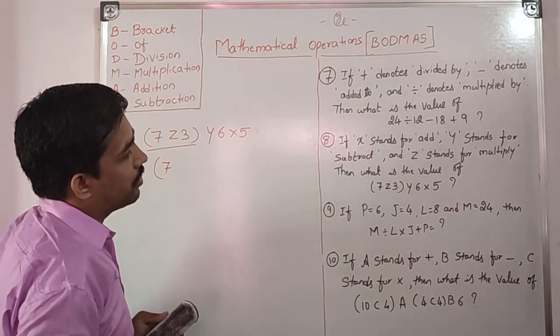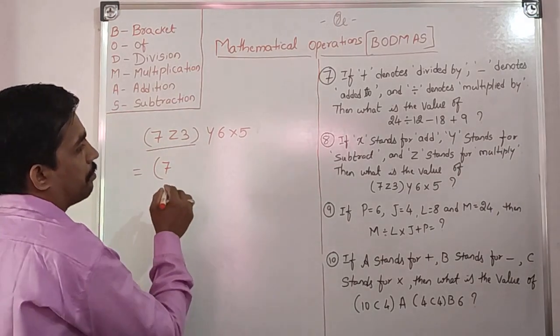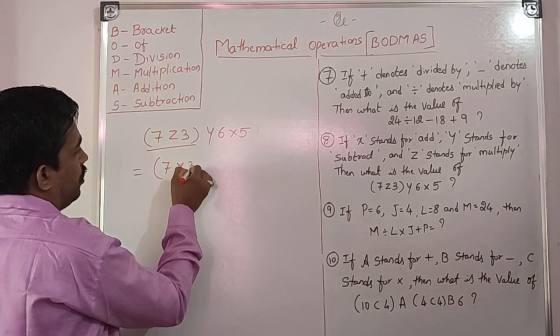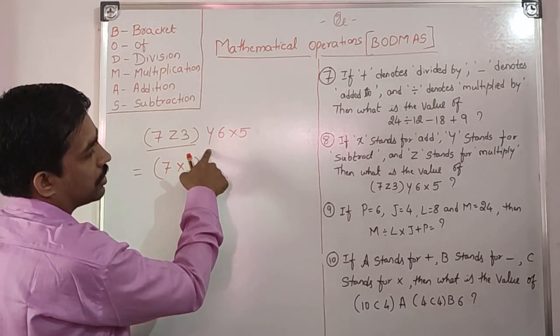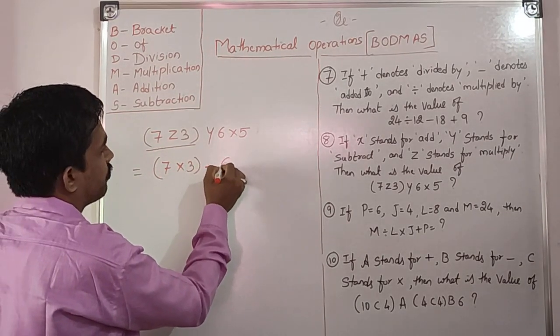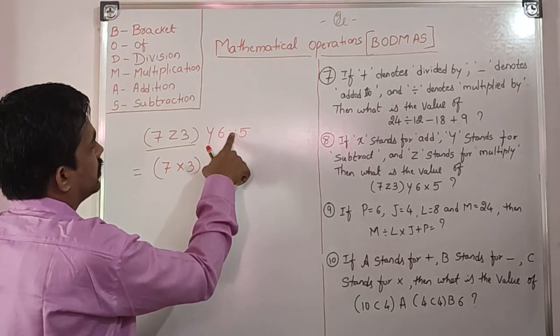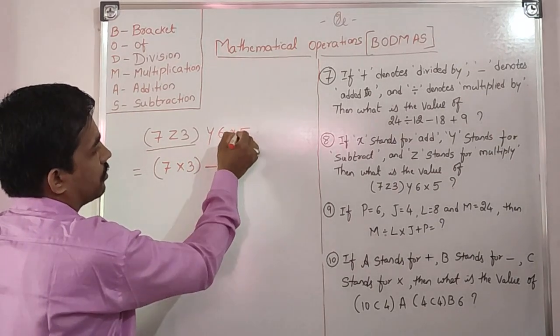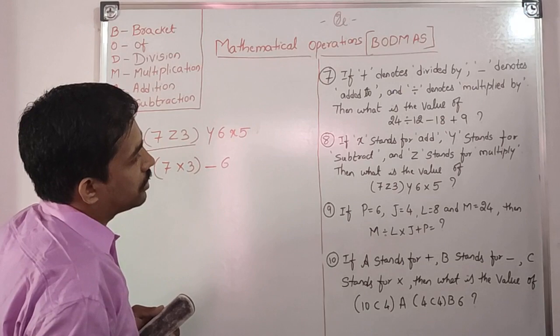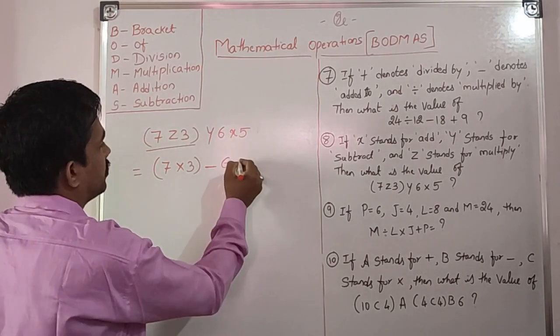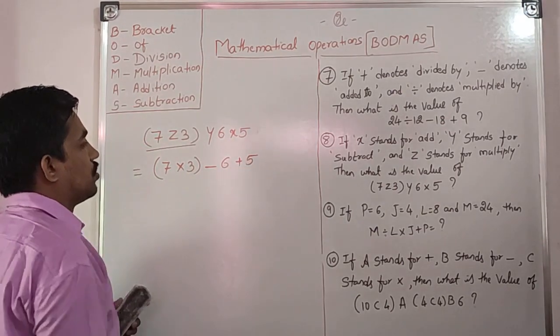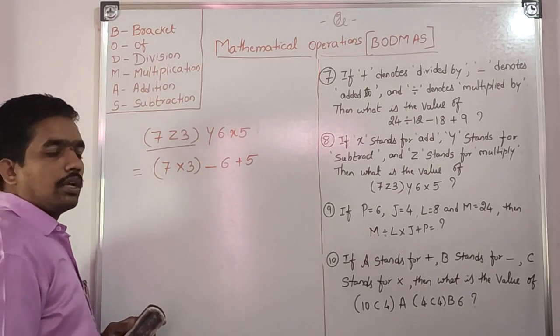Z means what have they given? Z stands for multiply into 3. Y stands for subtraction. X stands for add. X stands for addition.